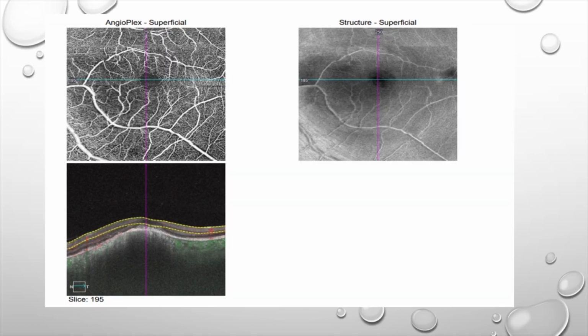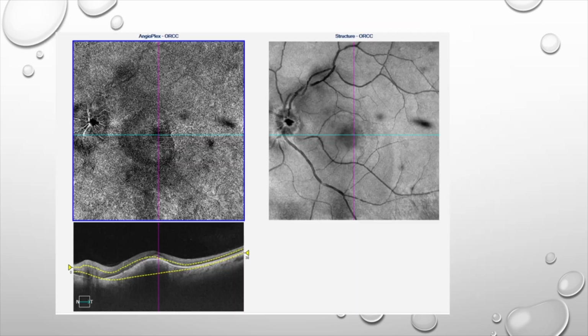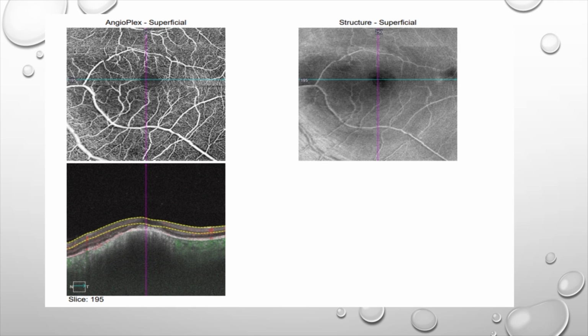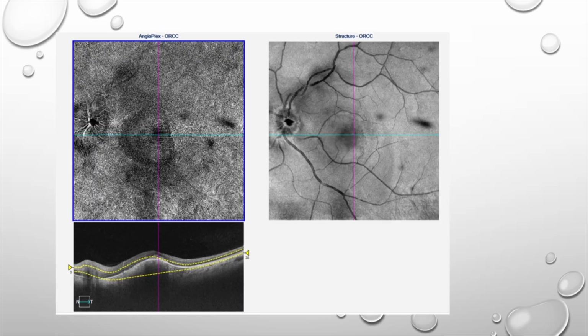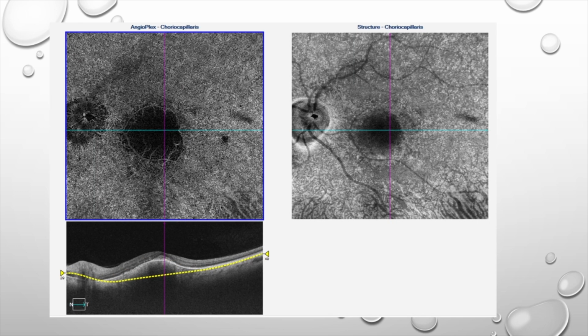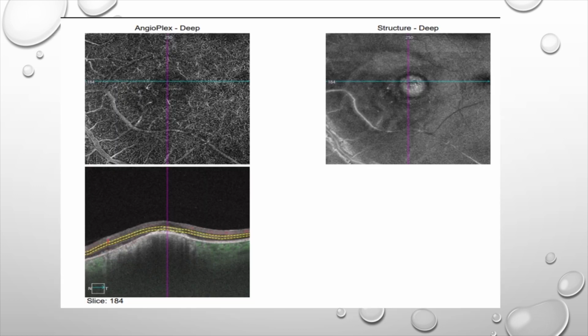Coming to the SSOCTA pictures, this is a superficial slab. It's showing that the foveal avascular zone is well maintained. The ORCC slab shows a hyperreflectivity in the region of the macula. Similarly, the choriocapillaris shows hyperreflectivity at the macula, and in the deep plexus, we can see a flow void area in the center of the macula.